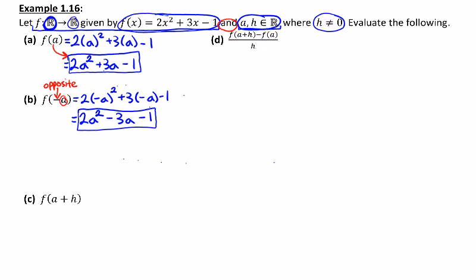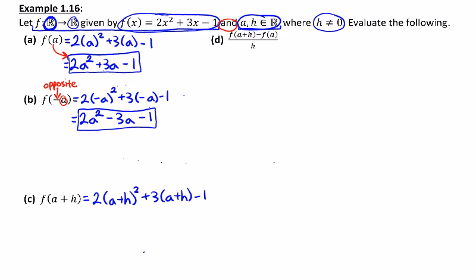So since I'm thinking of a plus h together as a real number, when I input and substitute in, I have to substitute in the a plus h together. So it's going to be 2 times a plus h squared plus 3 times a plus h minus 1. And when we do this, we have to be aware of what it means by definition to actually square something.